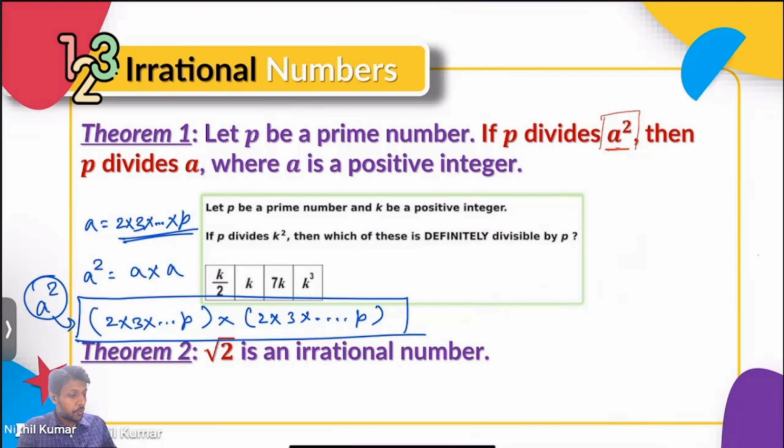Can't we see that? Of course, P is dividing A because it appears in the prime factorization of A. So that's what the theorem means, okay? Let's try a question based on this theorem before we move on to the next theorem.